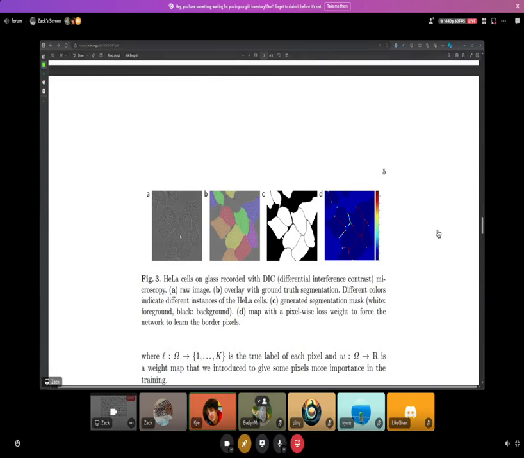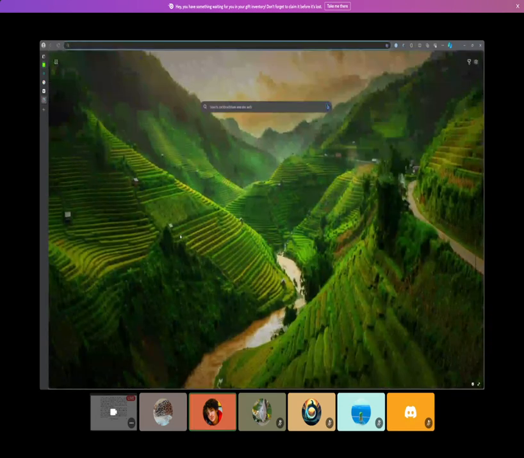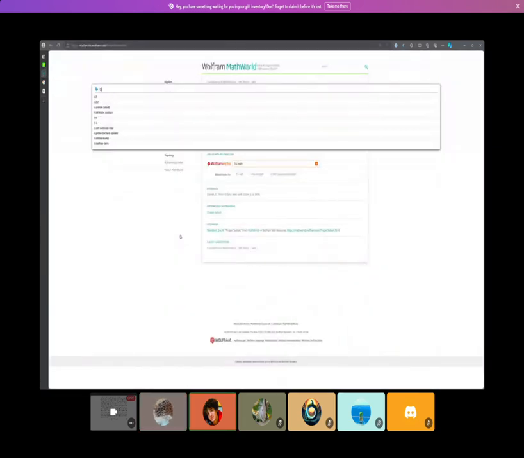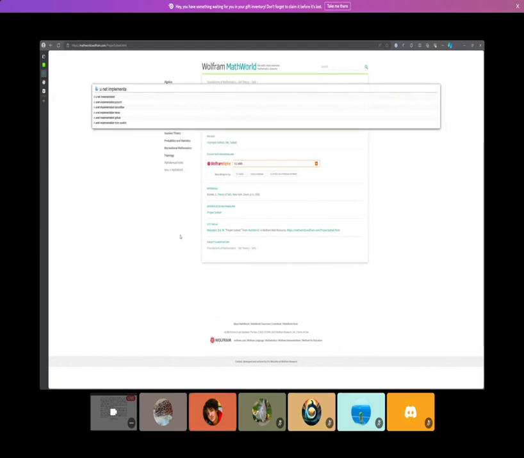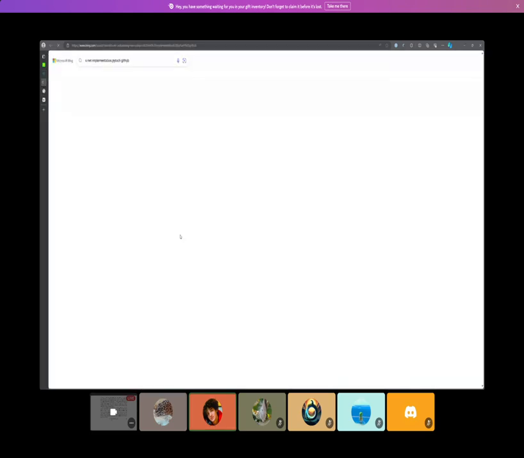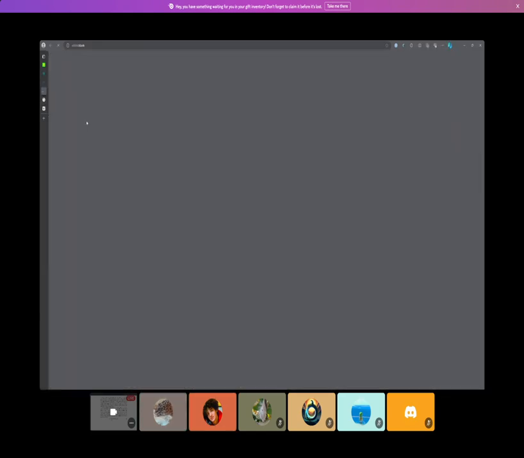If you look up Unet implementation PyTorch GitHub, look up Unet PyTorch GitHub, I want to show you what the Unet actually does. Like, what is the actual output? Do the second one.